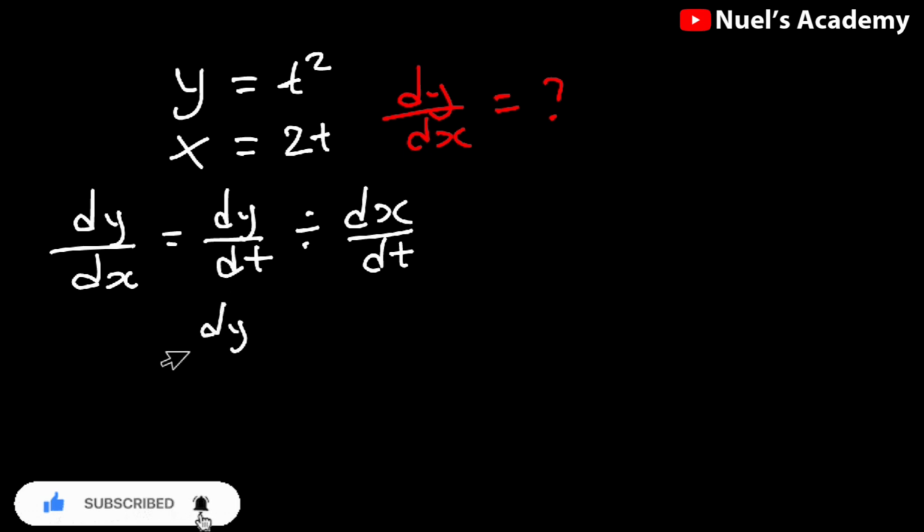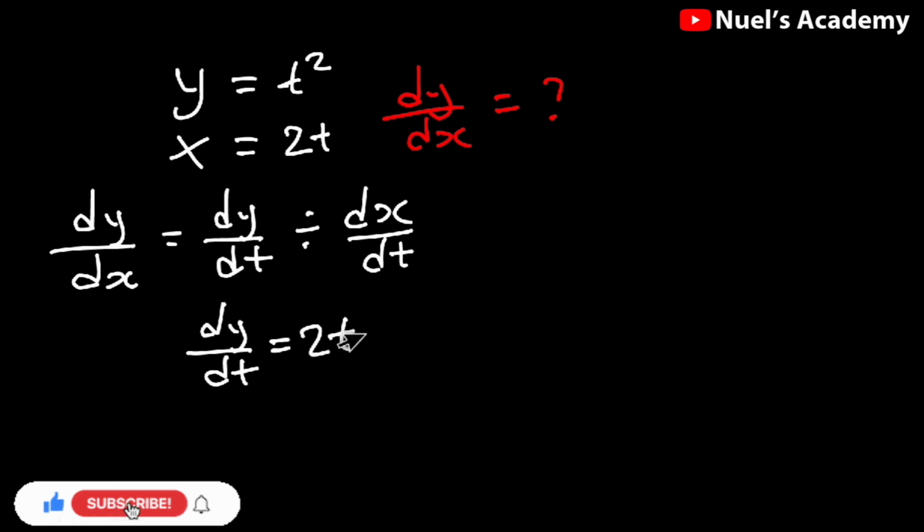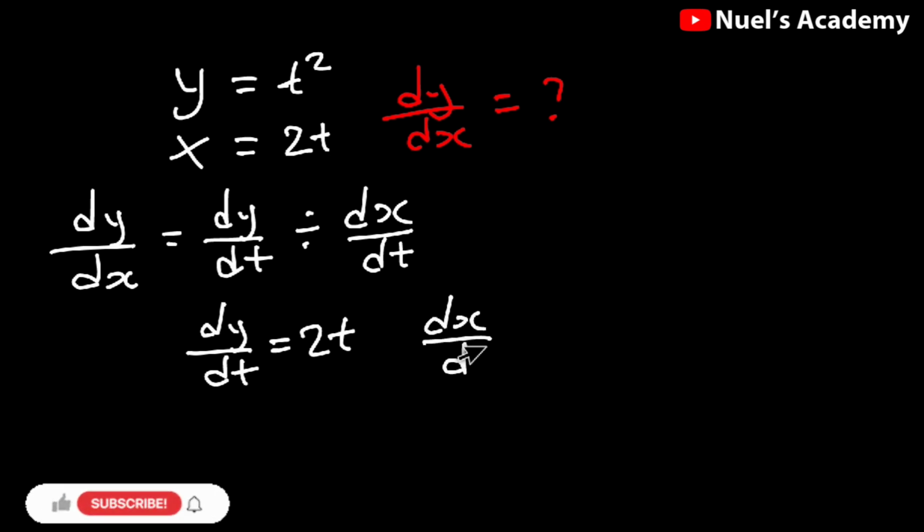So you have that dy/dt is equal to, we're going to differentiate the first function, which is y equals t squared. If you differentiate this t squared, we're going to have 2t. Now let's differentiate x equals 2t with respect to t. dx/dt is going to be equal to, if we differentiate 2t, we're going to have 2.